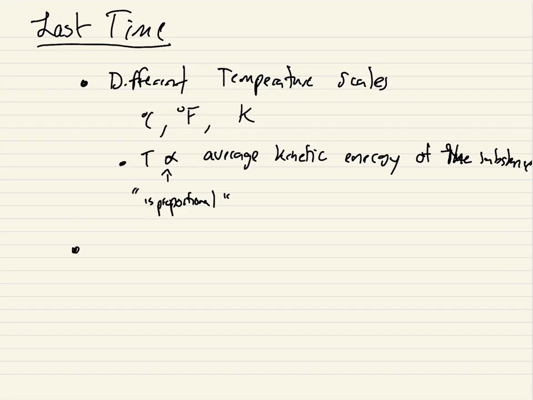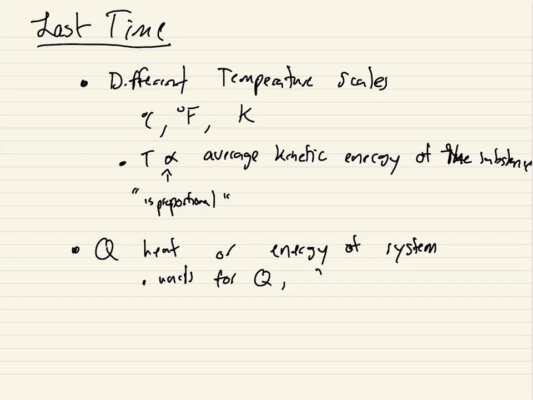The other thing we talked about was Q, which was the heat or energy of the system. And that heat is related to what types of energy? It's going to be in units of joules for Q. A joule is the standard unit of energy.